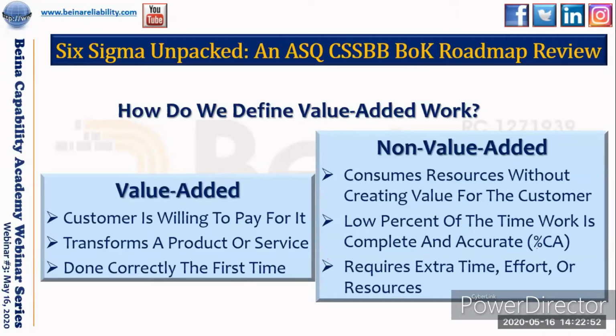It's important. Those activities are then not value adding. Then if you see a task that requires extra effort or resources without necessarily adding to the bottom line, then it is also non-value added. So in implementing Lean Six Sigma, it's critical to be able to identify these two types of tasks.